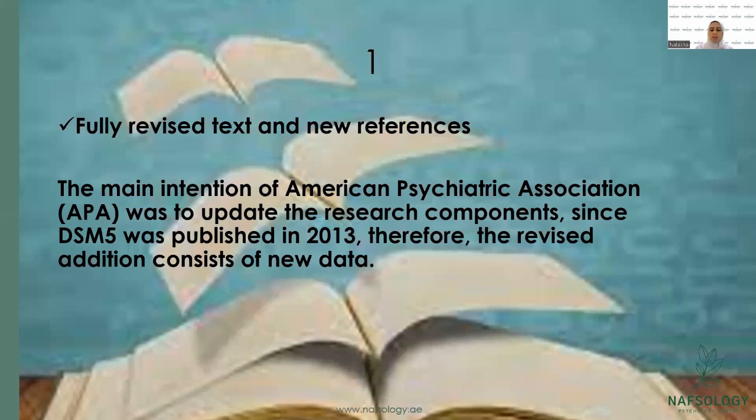Over this span of time, there have been multiple new researches and advances, and all of that data wasn't added. So they have added new references and revised the text, meaning they have changed the wording in the diagnosis, and they've clarified and given further explanations to a lot of diagnostic criteria.